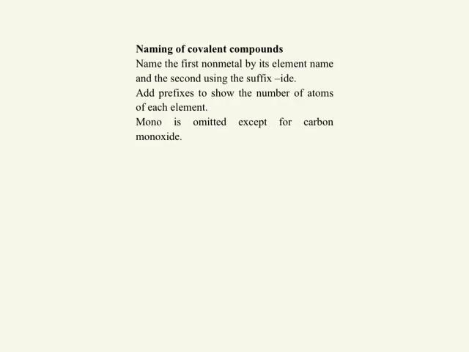How are these covalent compounds named? So you first name the first nonmetal by its element name and the second using the suffix "ide". That's rule number 1. Rule number 2 is add prefixes to show the number of atoms of each element.